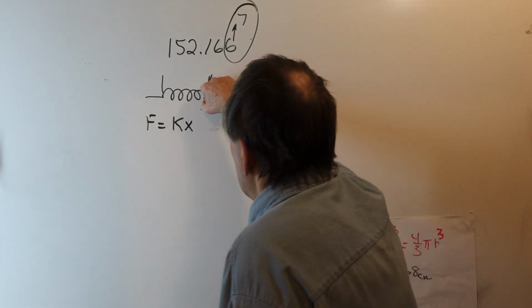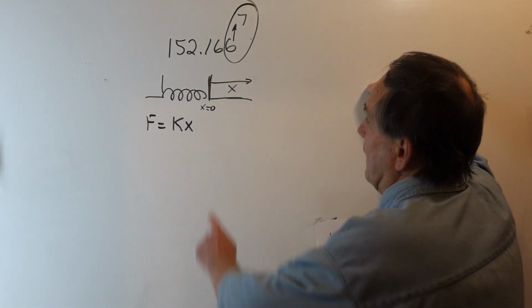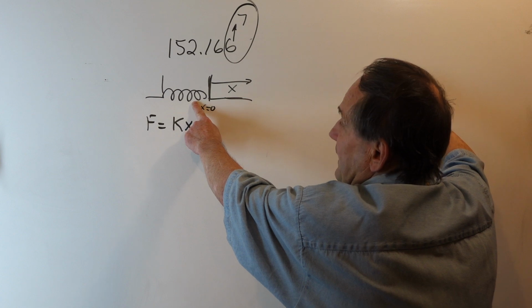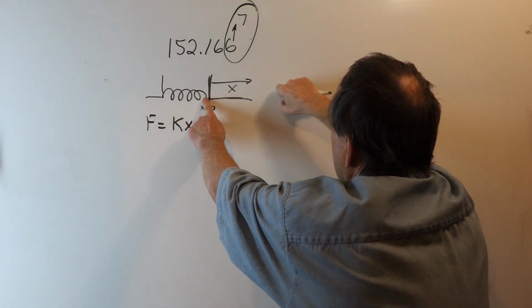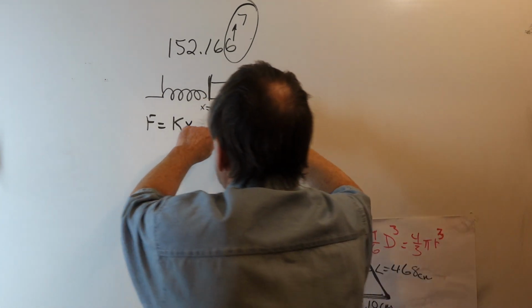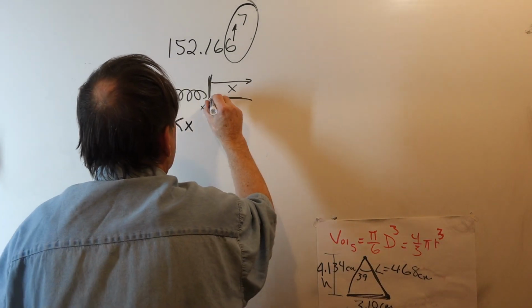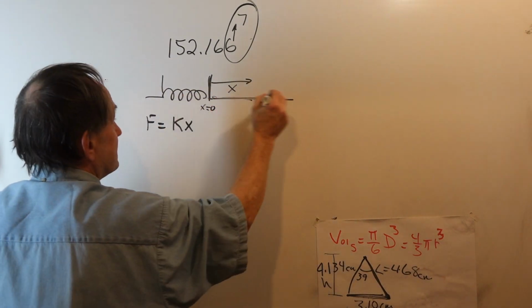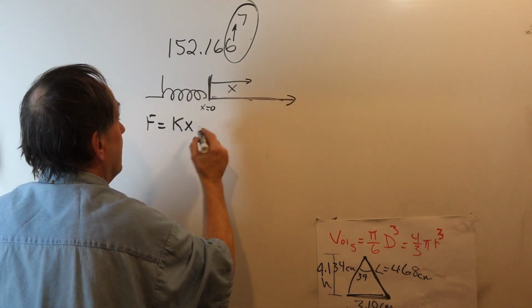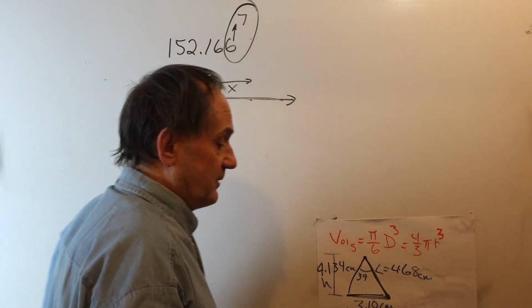You could end up really stretching this thing out to where you distort the spring and it won't go back. You get into a nonlinear range. So there's just a range of distances that you can stretch a spring out and have this linear relationship hold.